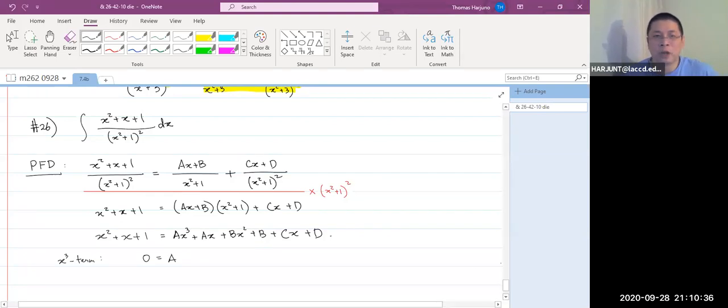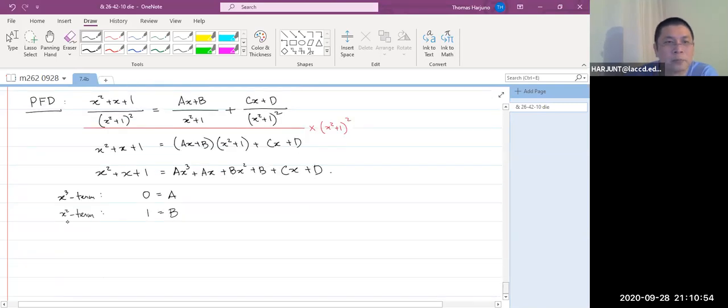Okay, how about the x squared term? That's 1 on the left hand side, that's b on the right hand side. Do you notice that it's actually easier doing it this way? How about the x term? 1 here on the left, and on the right hand side the x term will be a plus c, but a equals 0.